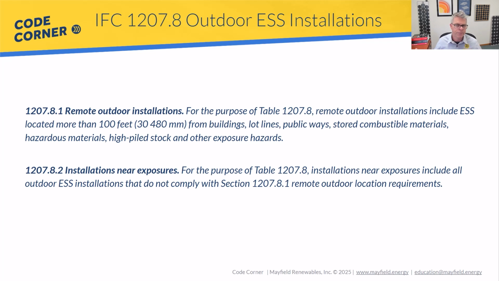There's nothing at risk. Maybe people aren't congregating there, or maybe it's an inert kind of situation. But it's in there, and it's there very purposefully, just because, again, we can't predict all of the different things that are going to be at these installations. So just keep that in mind, that for the remote outdoor installations, you may have to be looking at everything that's around there and talking to your fire official about it.